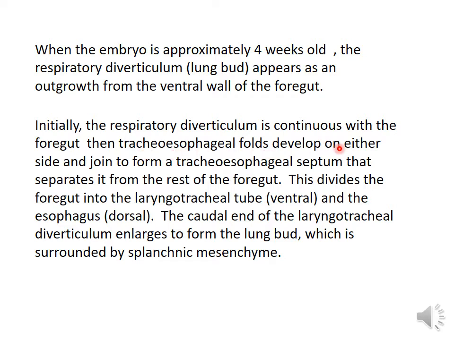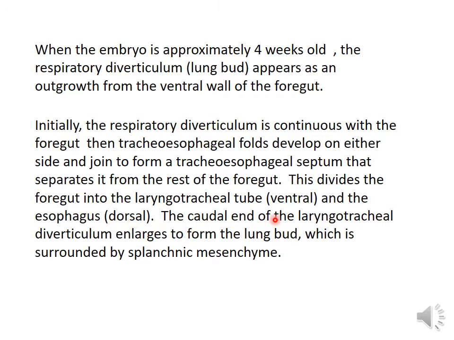They develop on either side, then join together, forming a tracheoesophageal septum. This will separate it from the rest of the foregut. So the foregut is divided into the laryngotracheal tube on the ventral side and the esophagus, which is located dorsally.